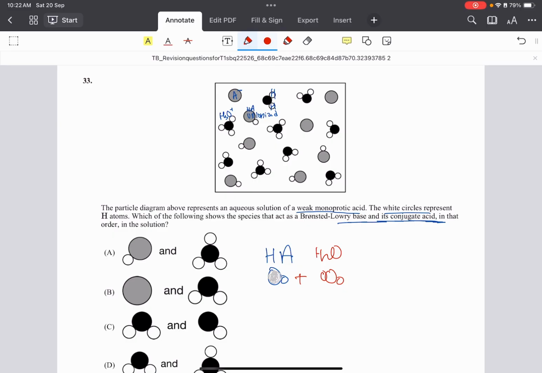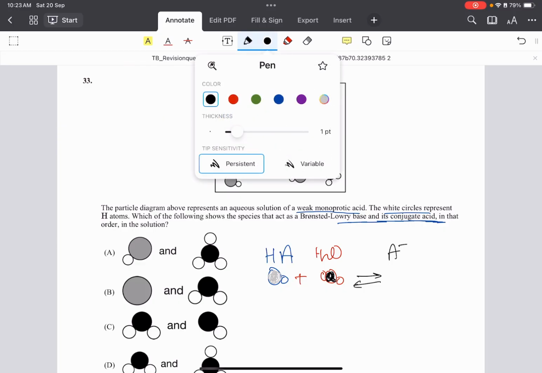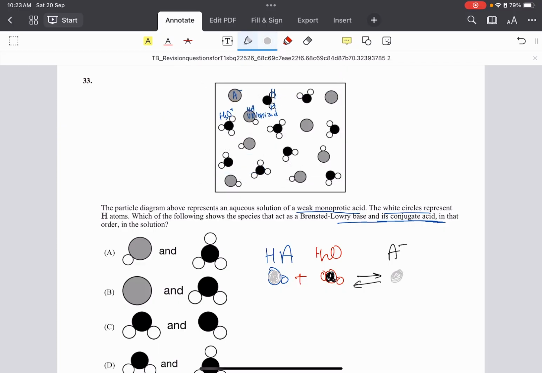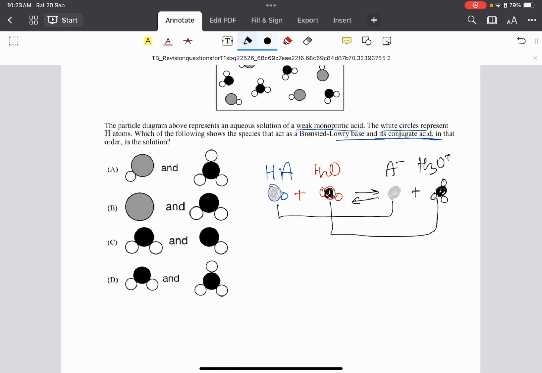That's the H2O. Now this is going to produce A minus, which is going to look like just gray, and H3O plus, which is going to be this black with one, two, three. So acid, conjugate base, base, conjugate acid. So they just want the pairs.